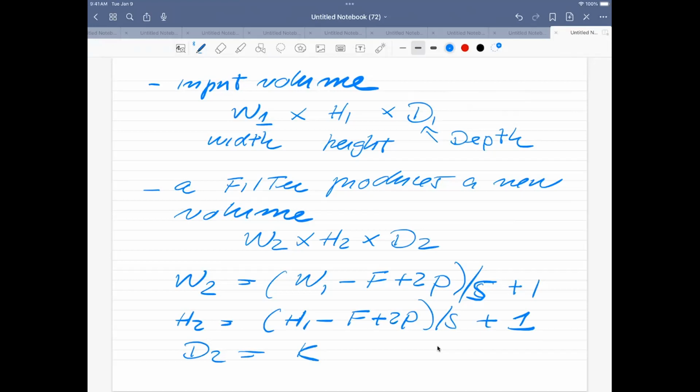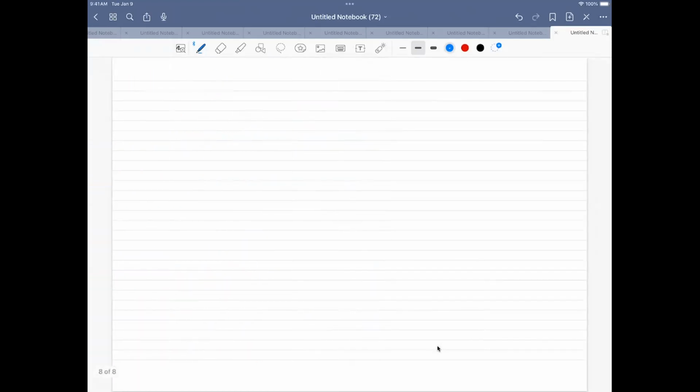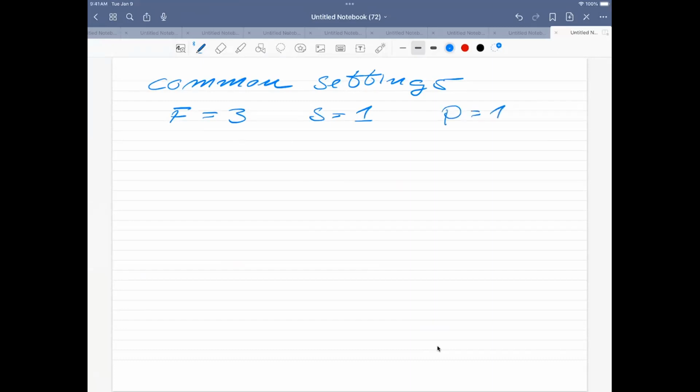So if you now look at an example, or let's rather look at the typical filters or common settings which you will encounter in the literature. We would typically have F equal to 3. You can have S equal to 1, padding equal to 1. You would find F equal to 5 and S equal to 1.